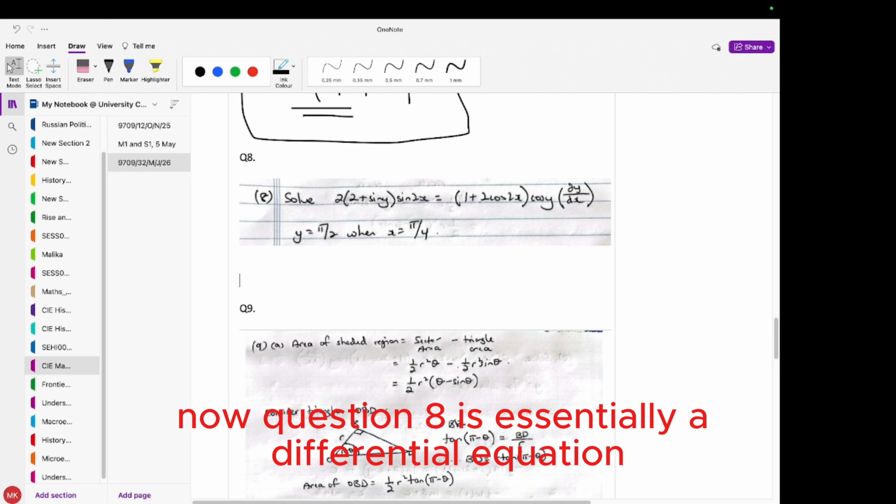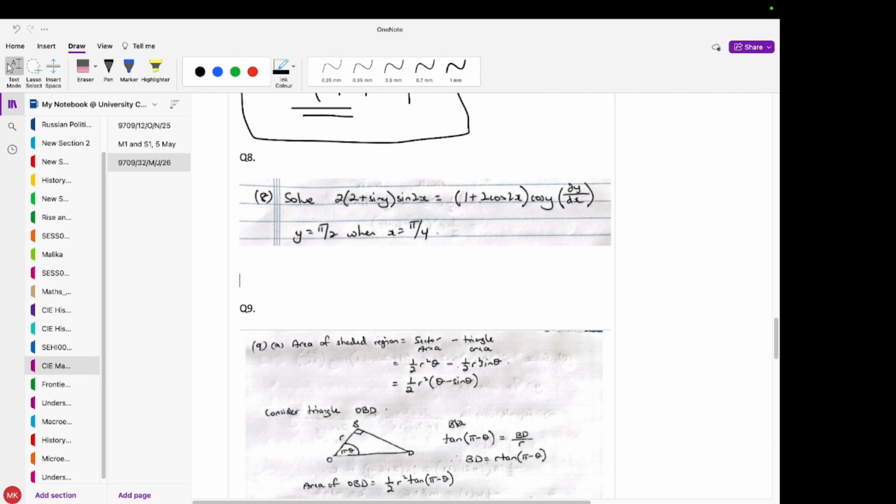Now question 8 is essentially a differential equation.